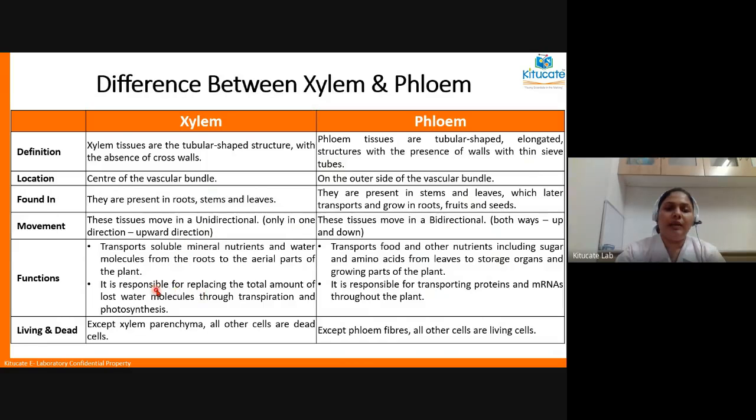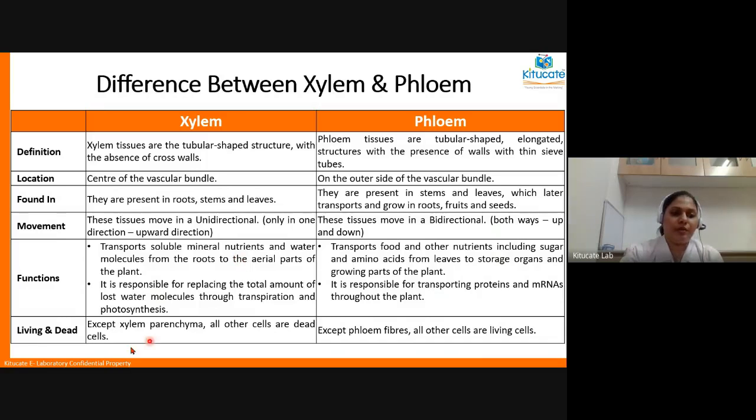This happens due to transpiration, which creates a suction force. The function of phloem is to carry sugars, proteins, and RNA, which are responsible for all the activities of growth and survival of the plant.